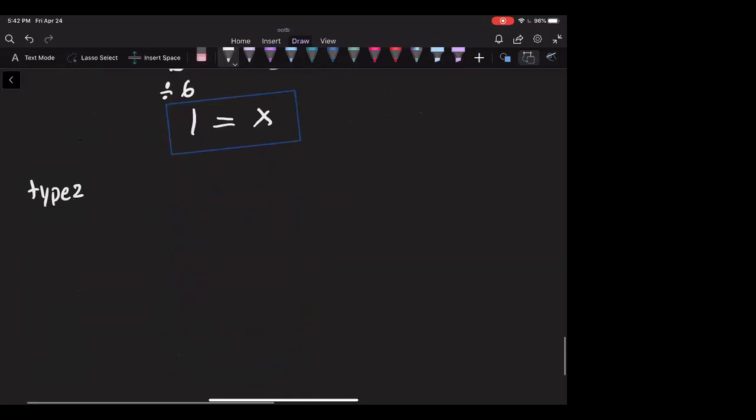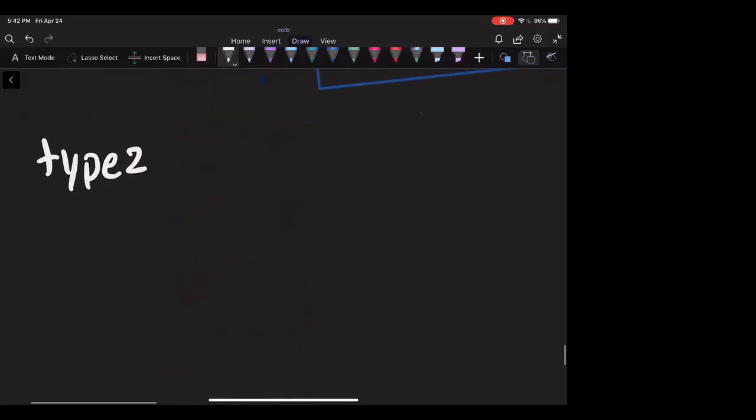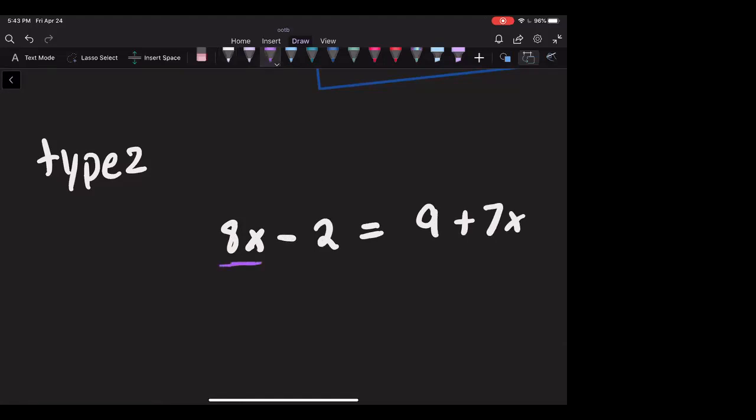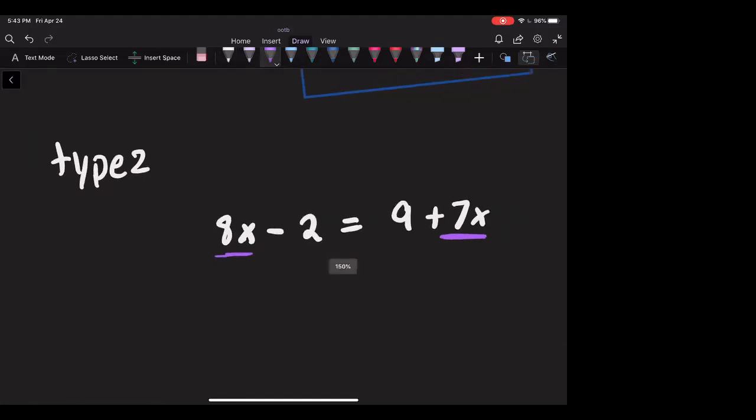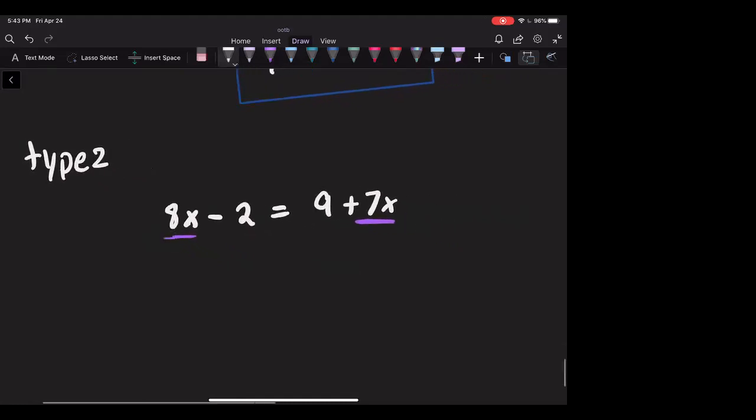In type 2, you're gonna have your X on both sides. So something like this. Do you see how we have X's on both sides?